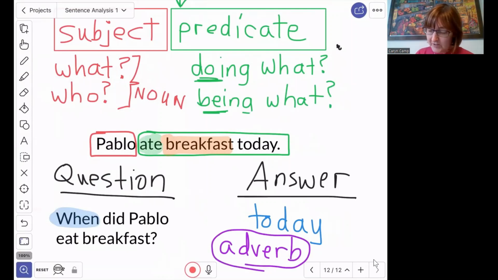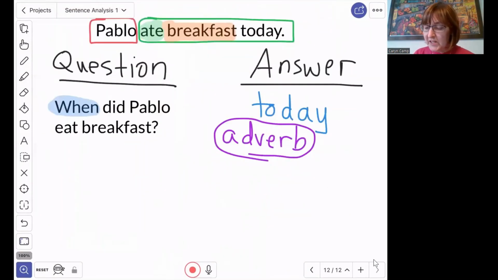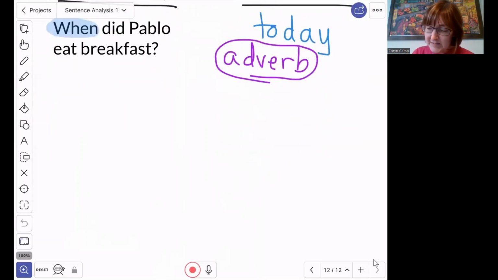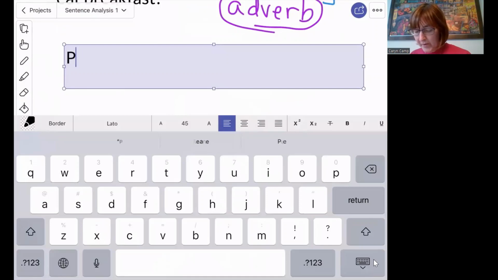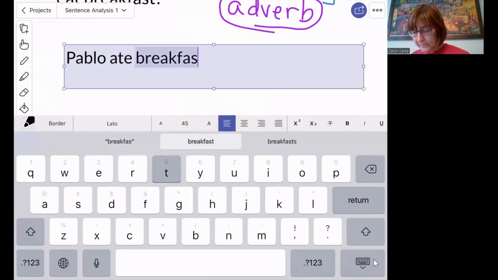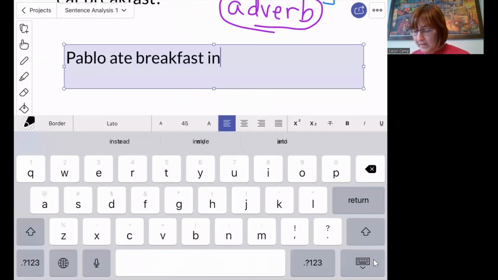So let's look at another example. Instead of Pablo ate breakfast today, let's say Pablo ate breakfast in the kitchen. Ooh, I don't want to say that one. That's later. He's going to eat breakfast in the kitchen later.